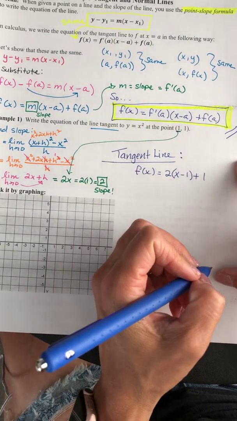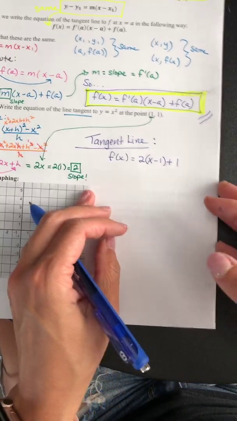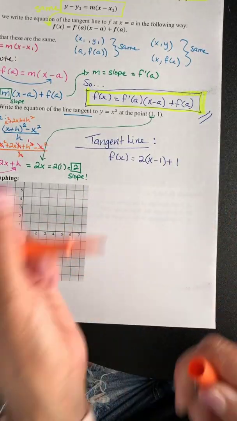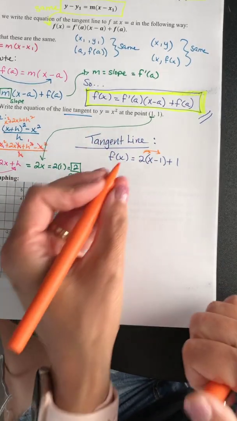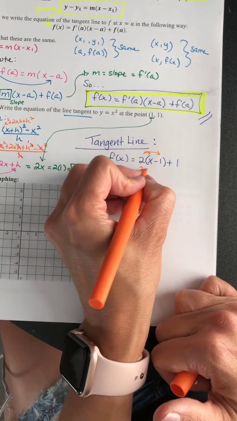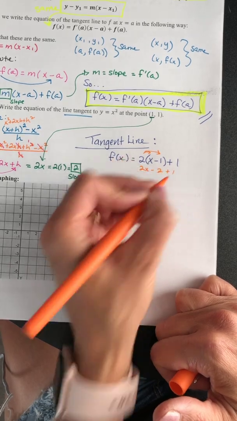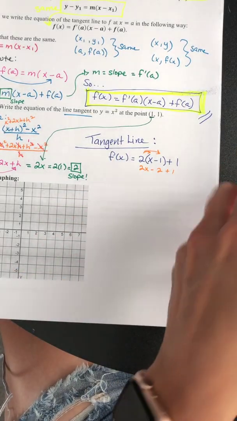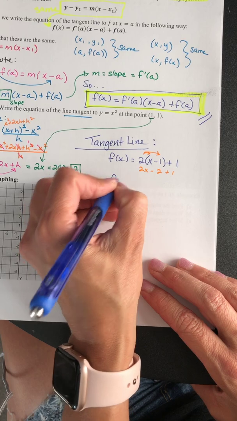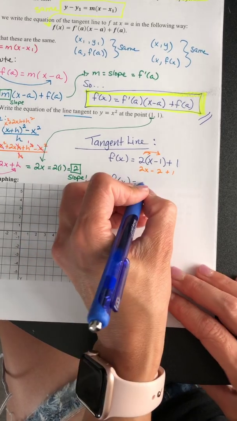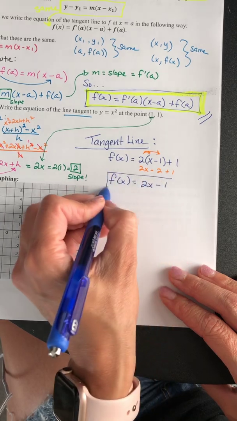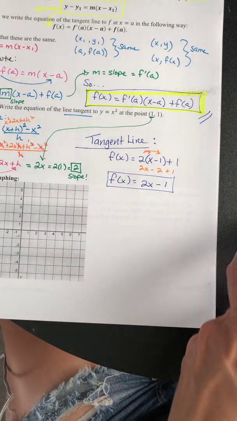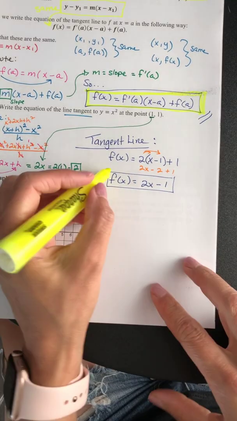So plus 1. I'm not done yet because we've got to simplify. So we have to distribute, and that will get me 2x minus 2 plus 1. And we just need to simplify that. So our final answer then is f of x equals 2x. Negative 2 plus 1 is negative 1. So 2x minus 1 is the equation of that tangent line.